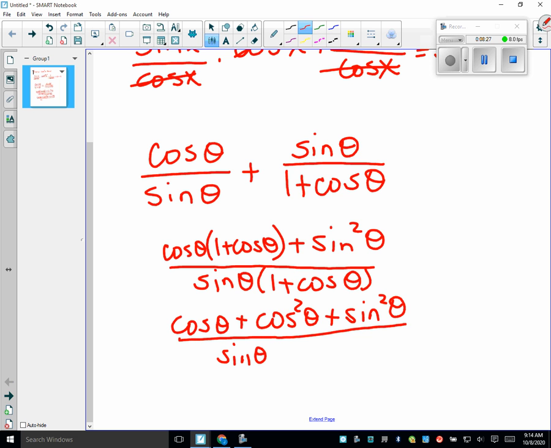I'm going to leave parentheses in the bottom because remember, I want to get rid of the bottom, so I need it to be able to factor out. How did you get cosine squared? I took cosine times 1 and cosine times cosine.